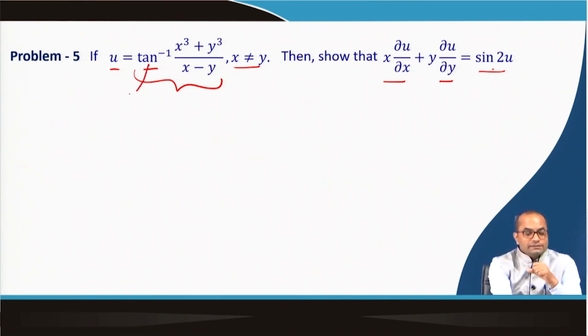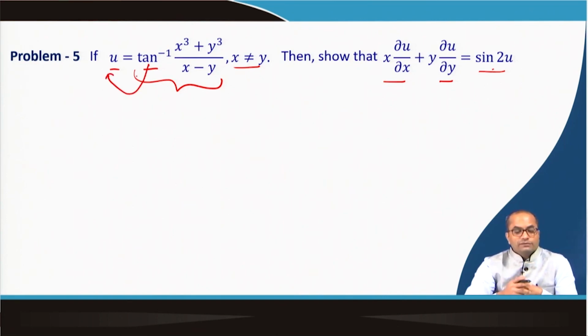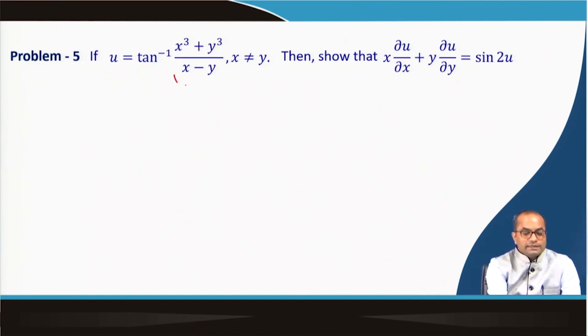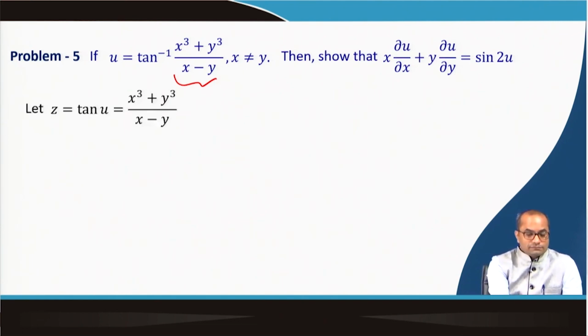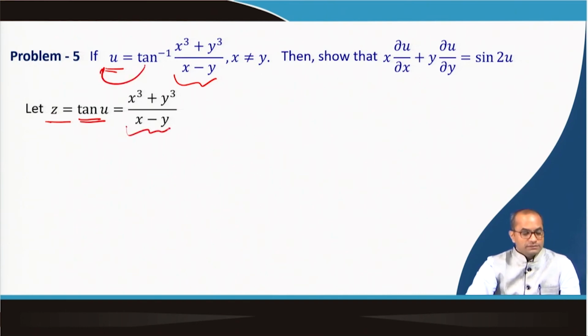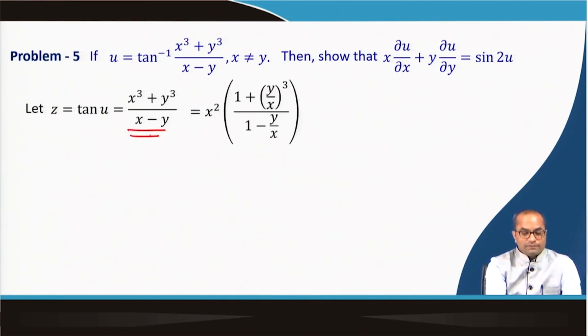But if we take this tan to this side, so we have tan u, then this right hand side will become a homogeneous function of x and y. So, here we assume z is equal to tan u, and from here tan u is x cube plus y cube over x minus y, and this is a homogeneous function of order 2, because if we take x cube common, we have 1 plus y over x cube, and here if we take x common, then we have 1 minus y over x.